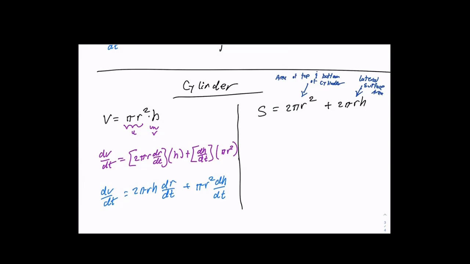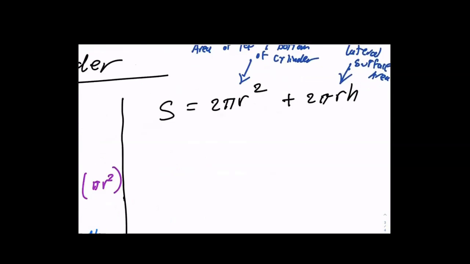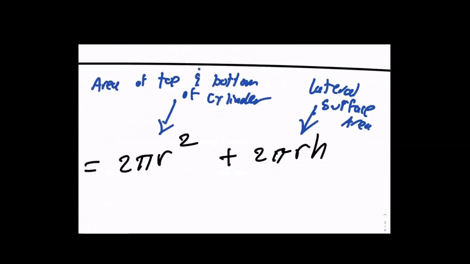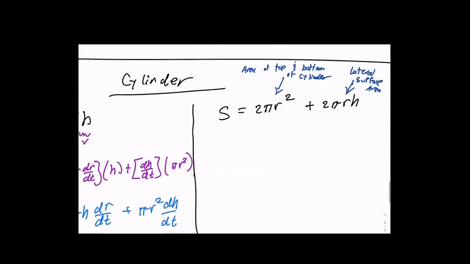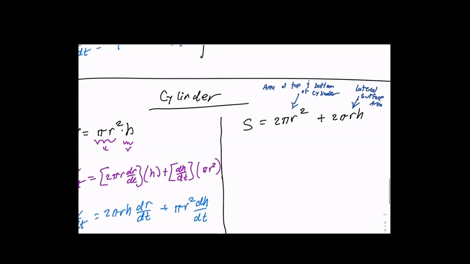Some questions will only ask you about the lateral surface area, so you only have to do that part and you ignore this part. Some problems will ask you the entire surface area for the cylinder, which means you combine the top and bottom. So it's 2 pi r squared because there's a pi r squared on the top and a pi r squared on the bottom. But we're going to do this formula in its entirety.